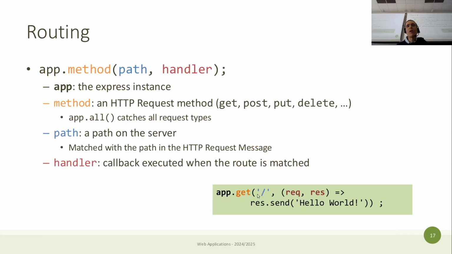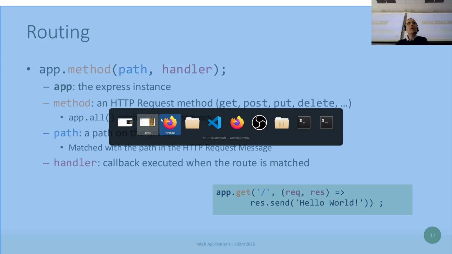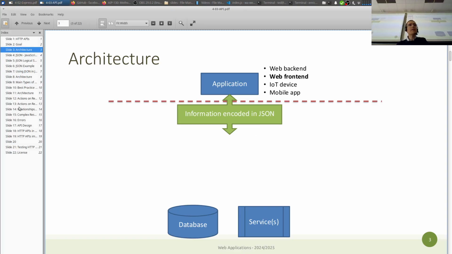It will always map on this part, which is the part before the question mark. Of course, you don't typically have just slash question mark, because this is the basic URL, and typically here you have the starting page and stuff like that. So you typically have something more and then the question mark. Let's go back to the other slides.